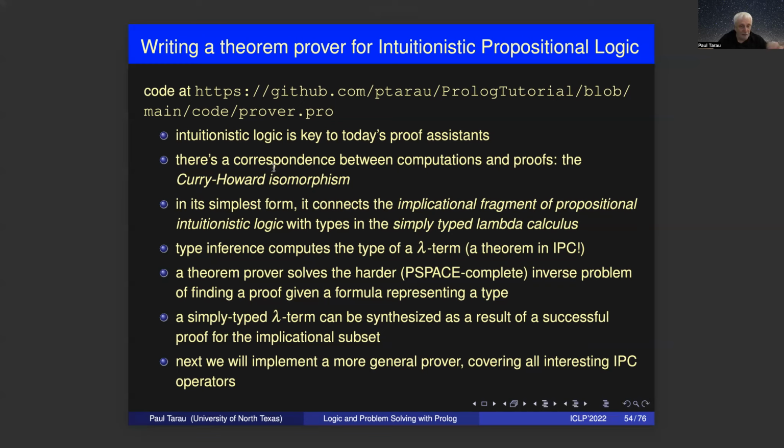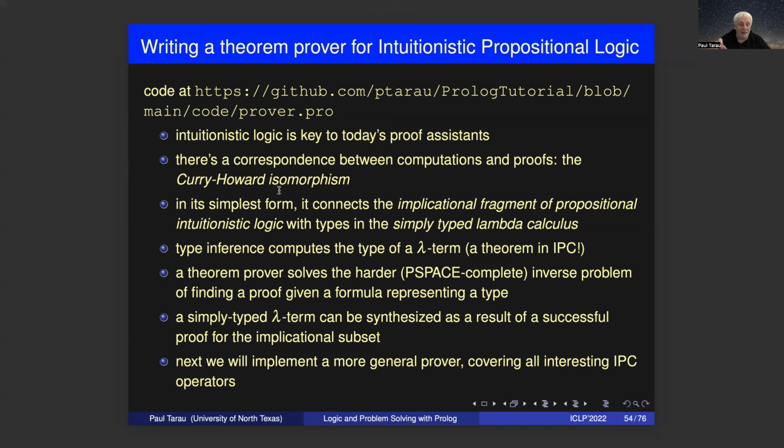There is a correspondence between computations and proofs, the so-called Curry-Howard isomorphism, which connects the implicational fragment of propositional logic, seen as types, with the simply typed lambda calculus, right?